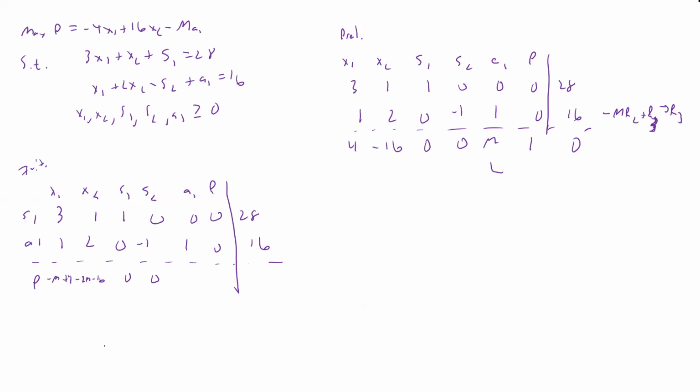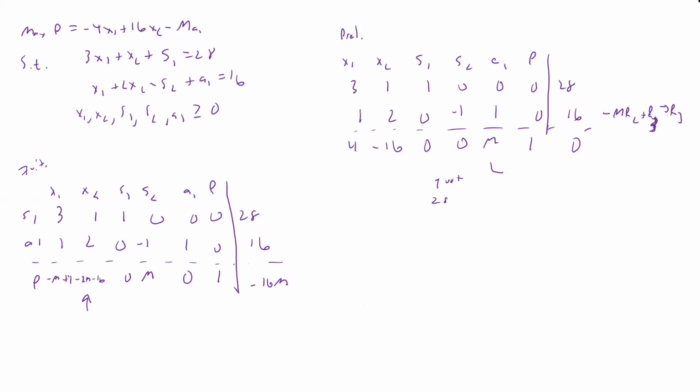Oh, wait, that's going to be an m. Looking at the wrong rows here. That's going to be an m. That one's going to be the 0, and that one's going to be the 1, and that's going to be a minus 16m. Okay. So the biggest negative, that looks to be that one because it's 2 times the 10 to the 6th. And so what that means is we're going to have to look at the quotients for that column.